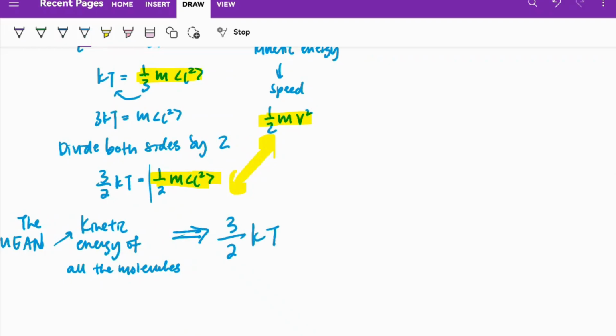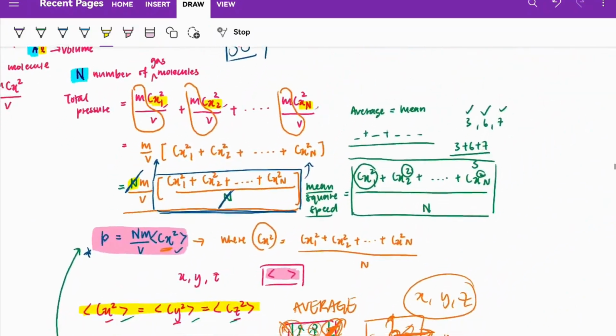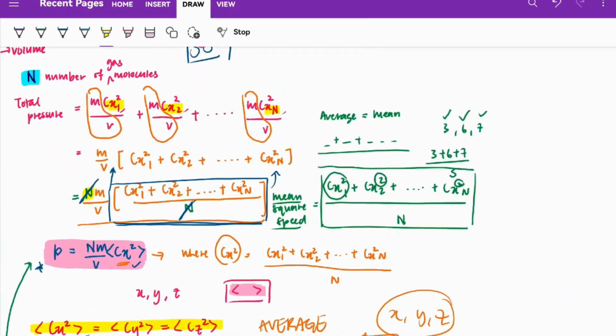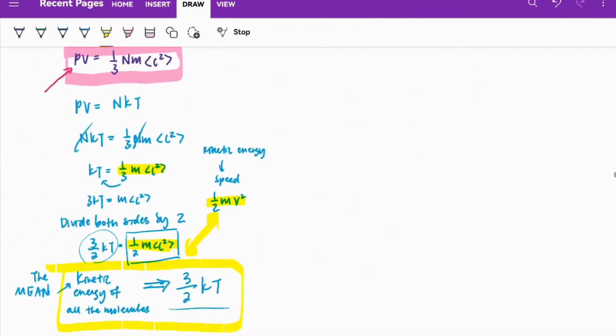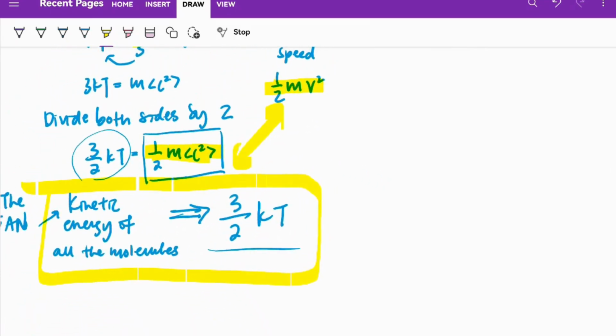This is the mean kinetic energy of the molecule and I equate it to 3/2 kT. There you go. You finally got a formula. From pressure, we come all the way here to find the total pressure. Then we find the mean. Then we use the ideal gas equation, we combine, and we get the kinetic energy of all the molecules. How beautiful is that, right?